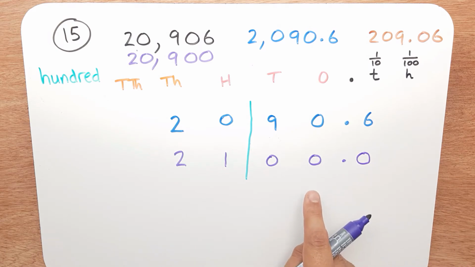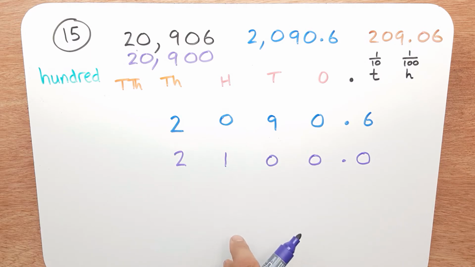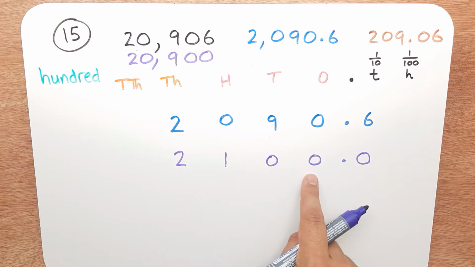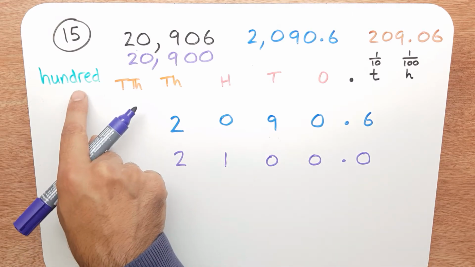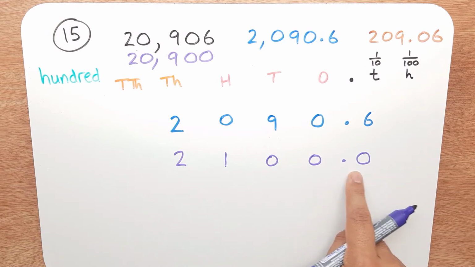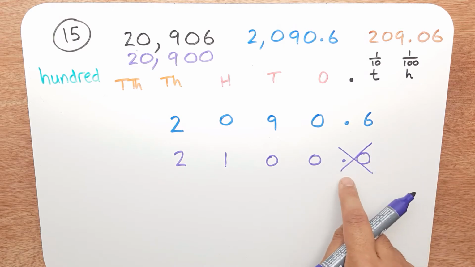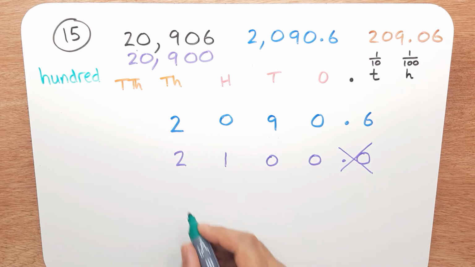We've not finished just yet, so let's remove this line. And we have this number 2100.0. Now, because we're rounding off to the nearest 100, everything, including the decimal point, we do not need. So I can cross this off. I don't need that. This here is the number that I need.